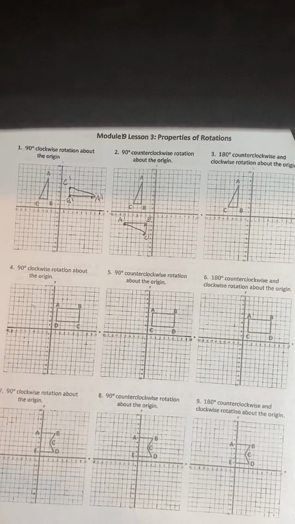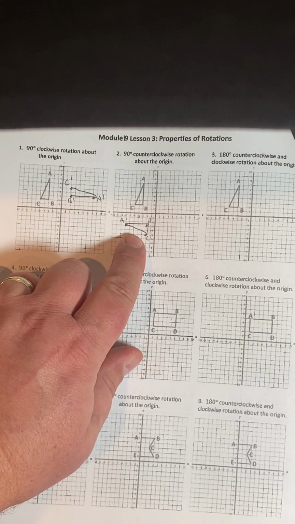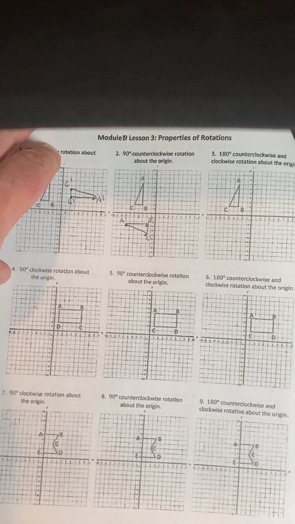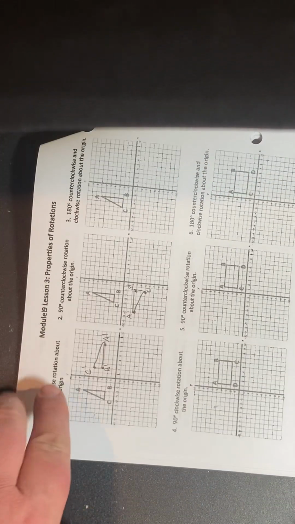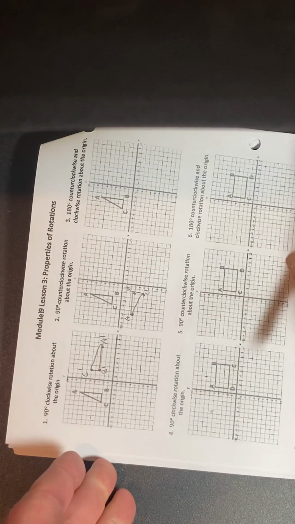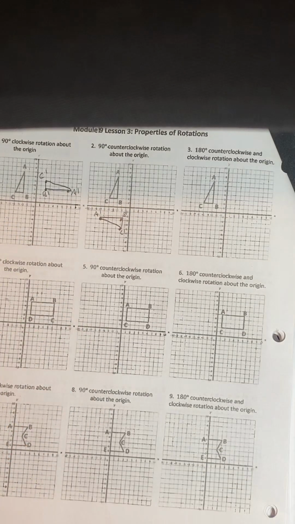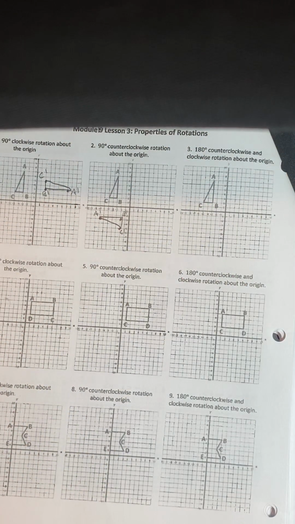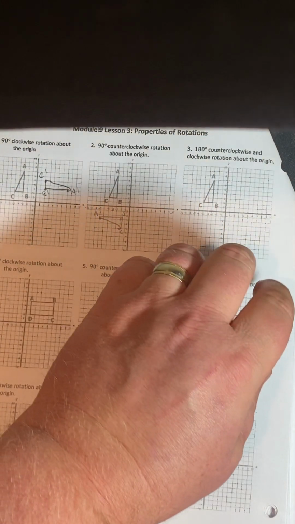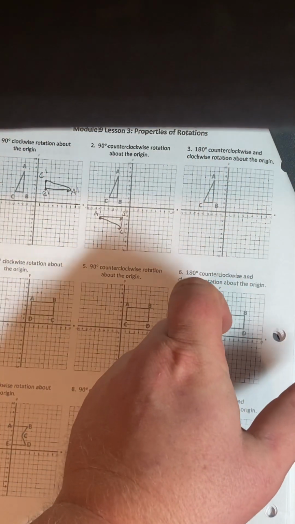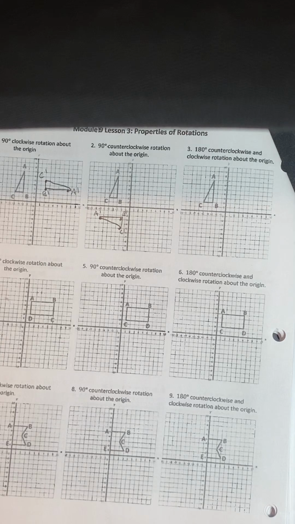Those are the 2 types of rotation. Oh, I wanted to point out, you remember when we said it was going to be a triangle going that way because we turned it like this? Triangle going that way. That was your answer. You can even do this on number 3. Number 3 is what we call a 180. Now a 180 can go clockwise or counterclockwise. The reason being is because when you do this twice, doesn't matter which way you go, you're going to end up in the same spot no matter which direction you move.